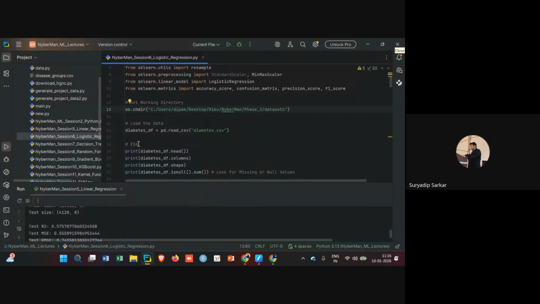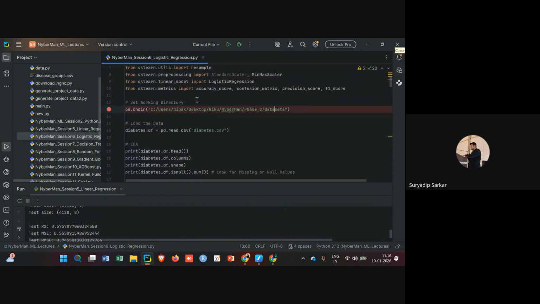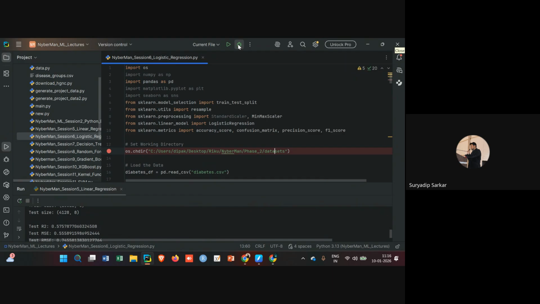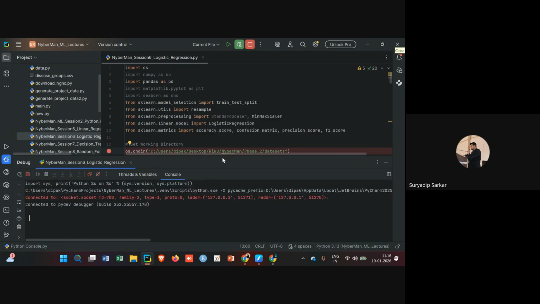Now, just like every other Python script in PyCharm, we'll set a breakpoint here and click on the debug button. Once we have clicked on the debug button, let's give it some time to process these previous lines.